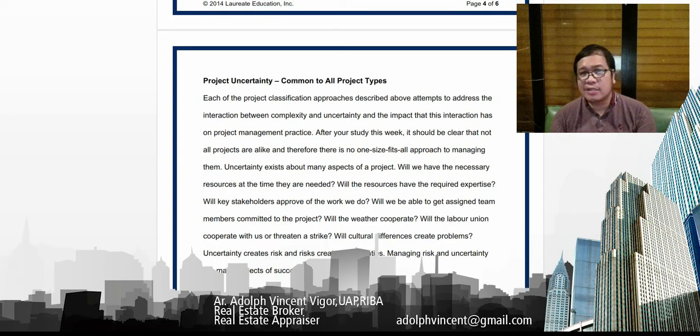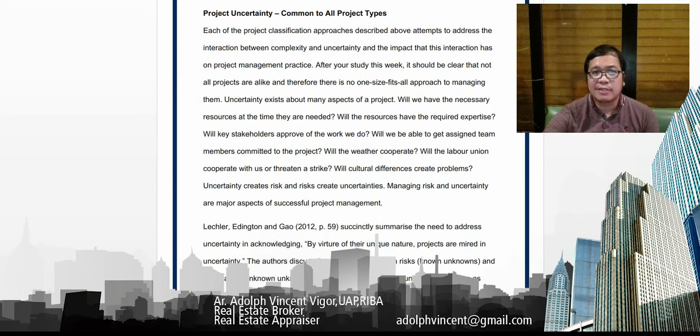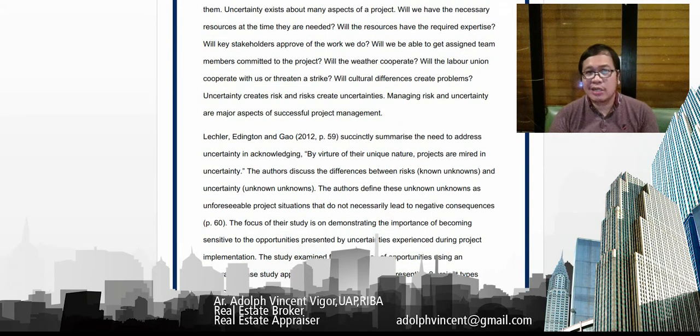Risk creates uncertainties. Managing risk and uncertainty are major aspects of successful project management. Lechler, Edington, and Gao summarize the need to address uncertainty in acknowledging that, by virtue of their unique nature, projects are mired in uncertainty.